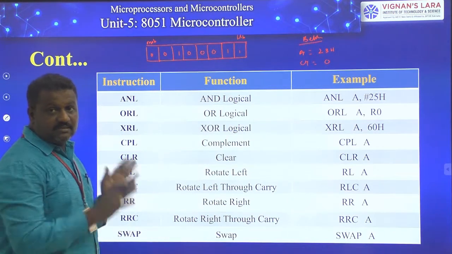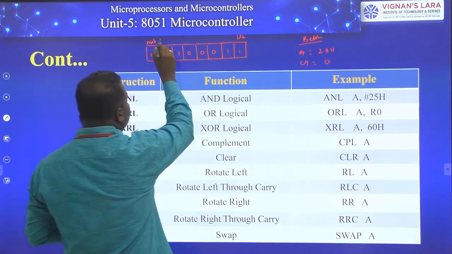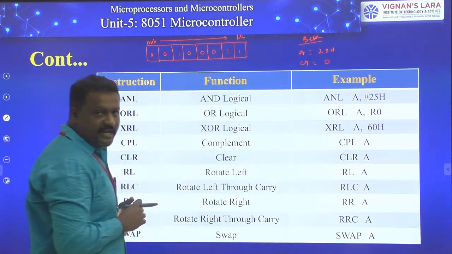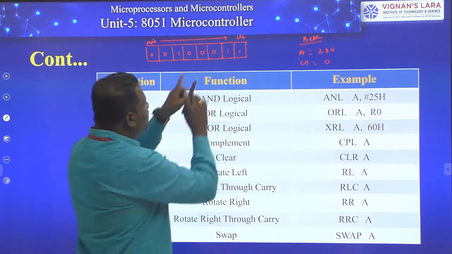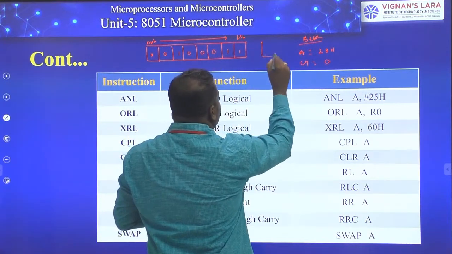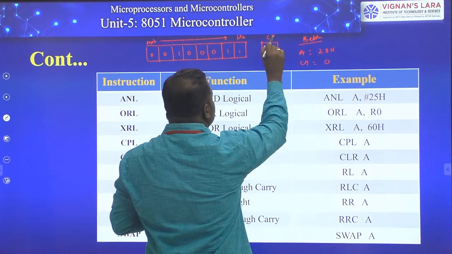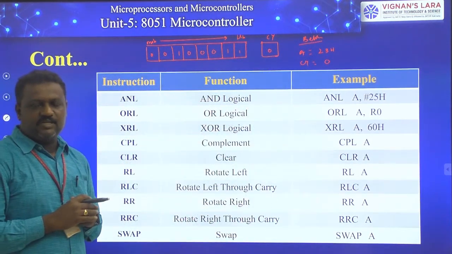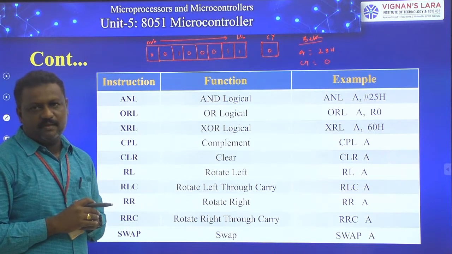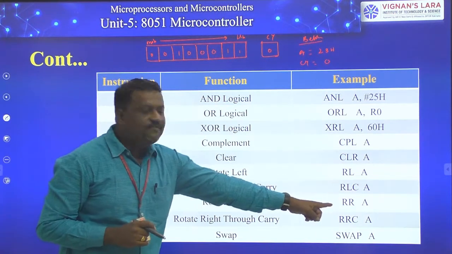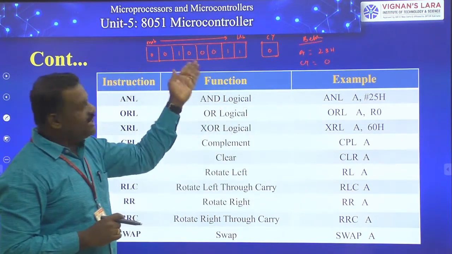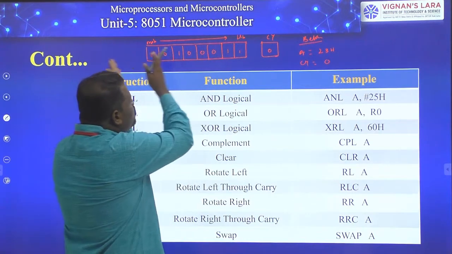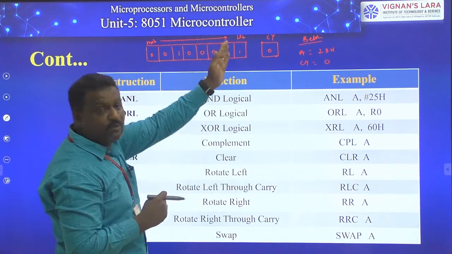In rotate right, the bits of accumulator move from MSB side to LSB side. Beside the LSB, you have a carry flag CY. Initially that was loaded with 0. Now in execution of RRA, rotate right accumulator, the bits of accumulator move from MSB to LSB.